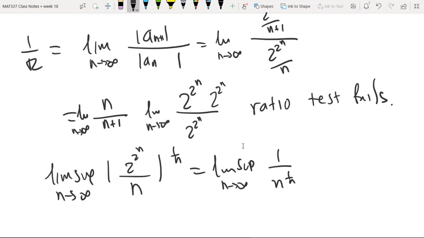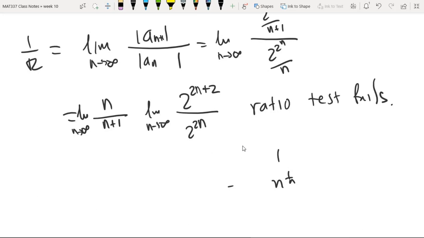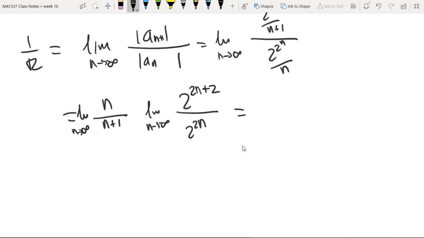Am I doing this right? Oh, I know, I made a mistake. I always make mistakes. All right, fine. So you get 4. So you get r is 1 over 4.